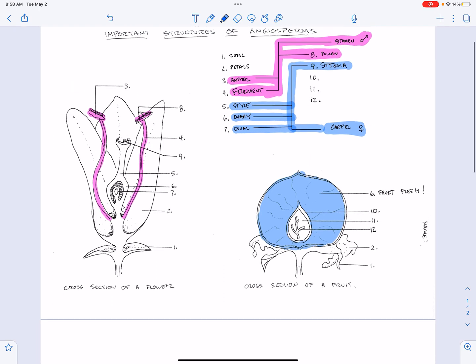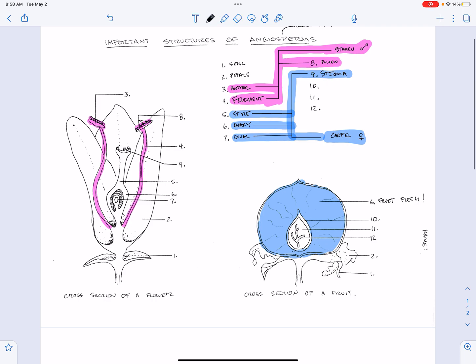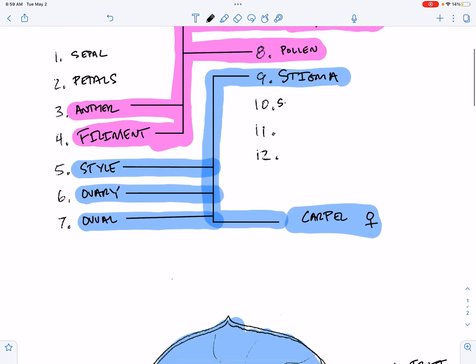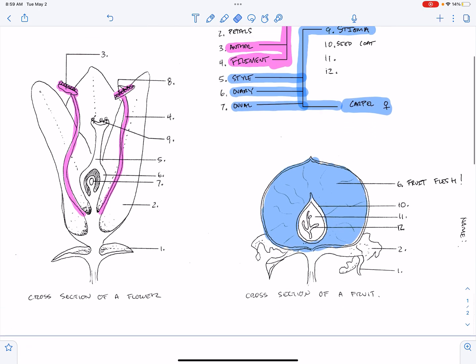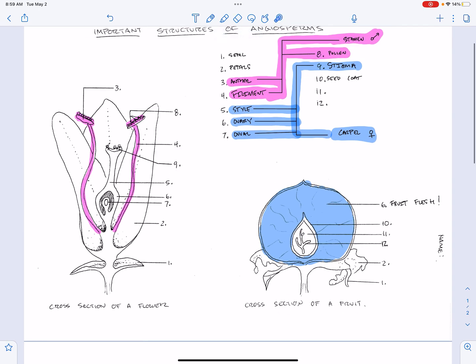And number 10 is the seed coat. Oops, that's spelled wrong. S-E-E-D. I don't know why I keep putting exclamation marks. I'm very excited about the structure of flowers and fruits. Okay, so number 10 is the seed coat.